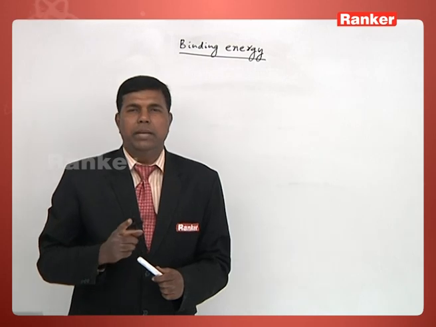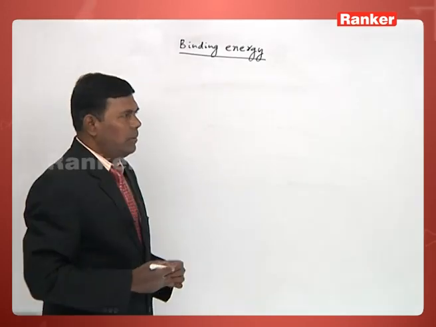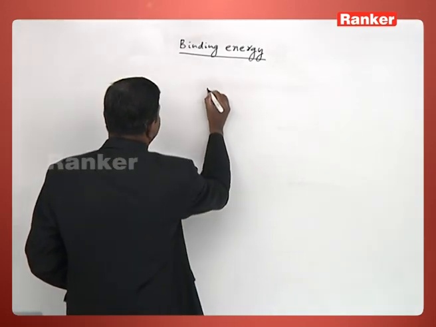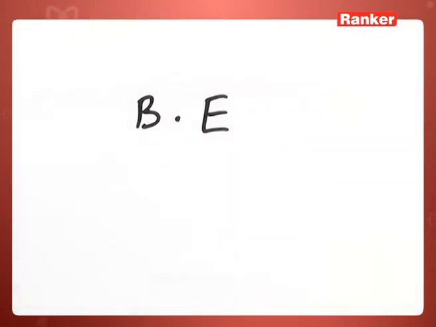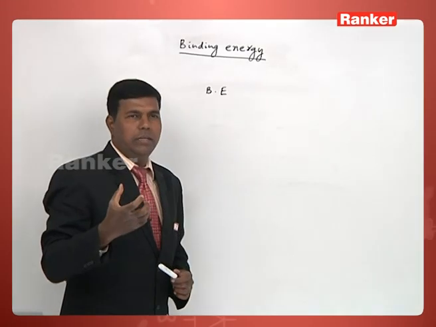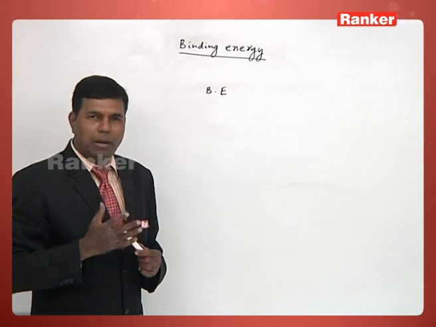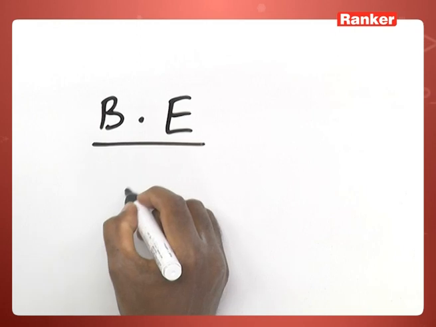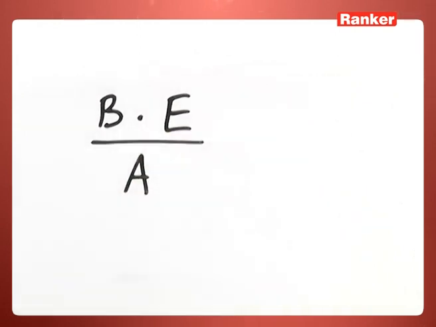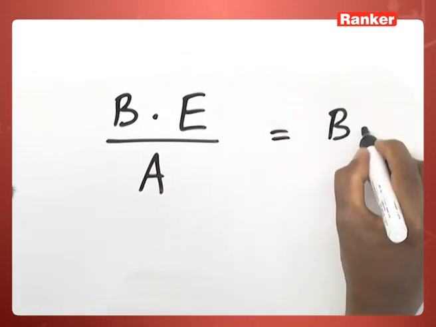The binding energy per nucleon plays an important role in the case of a nucleus and nuclear reactions. For example, if the binding energy of a nucleus is represented by Be, and the number of nucleons is represented by A, where A stands for the mass number, so the total number of nucleons is A. If you divide the binding energy by the number of nucleons within the nucleus, we get the binding energy per nucleon.